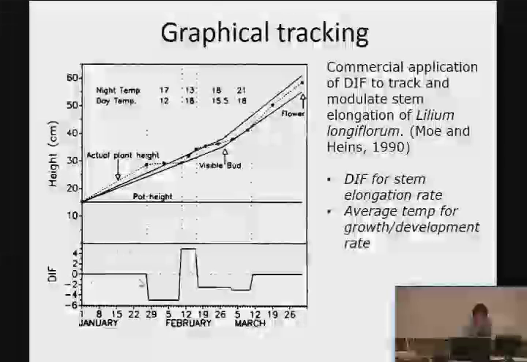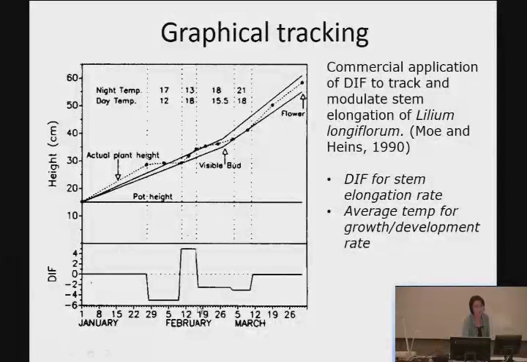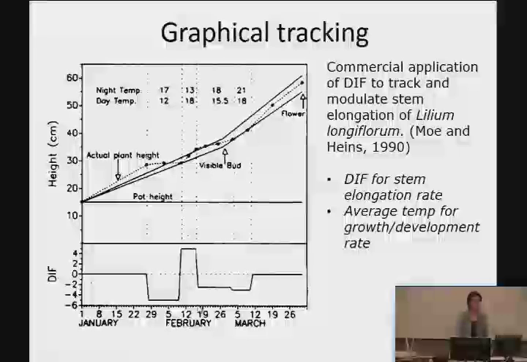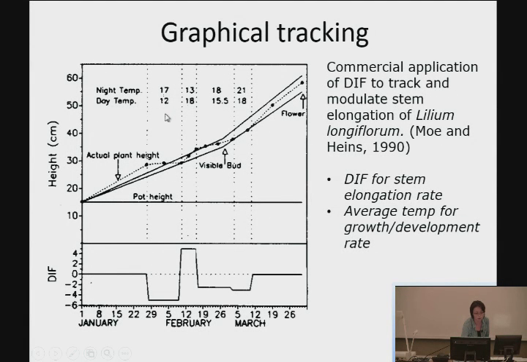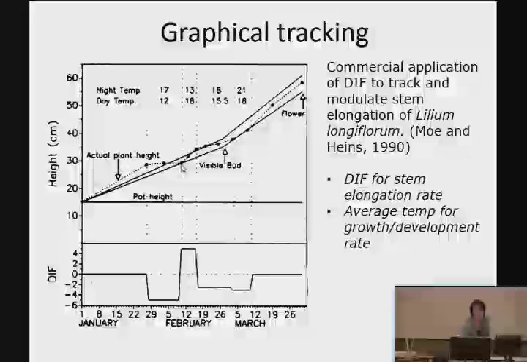So what they did was creating negative diff, -4, -5 degrees C, and then slow down the stem elongation. To do that, they set night temperature 17, day temperature 12, and then 5 degree negative diff. And then it actually came into the target range.